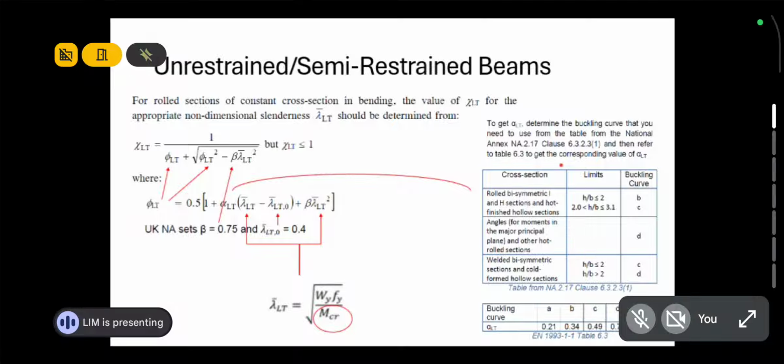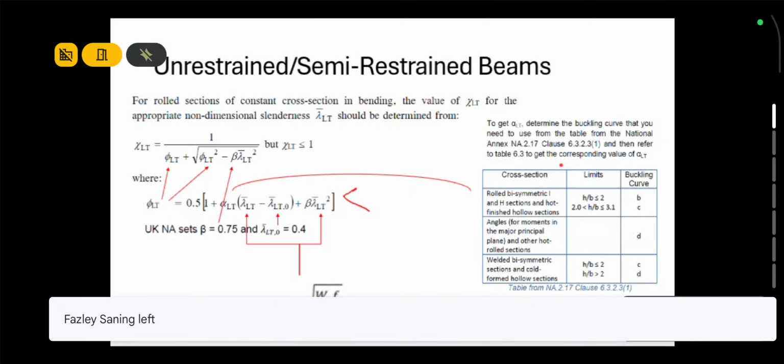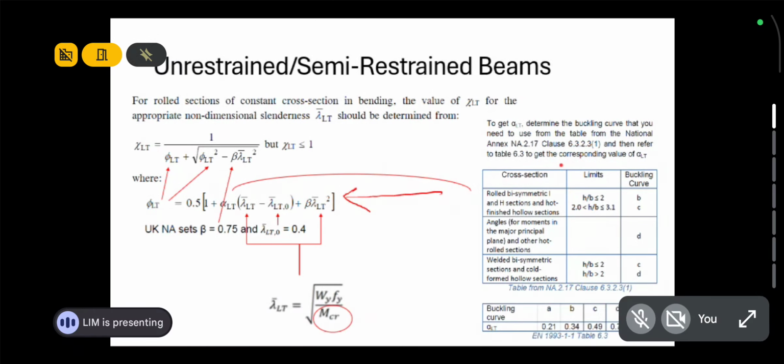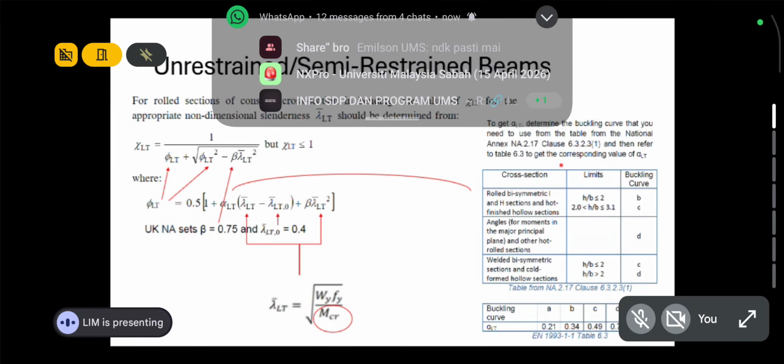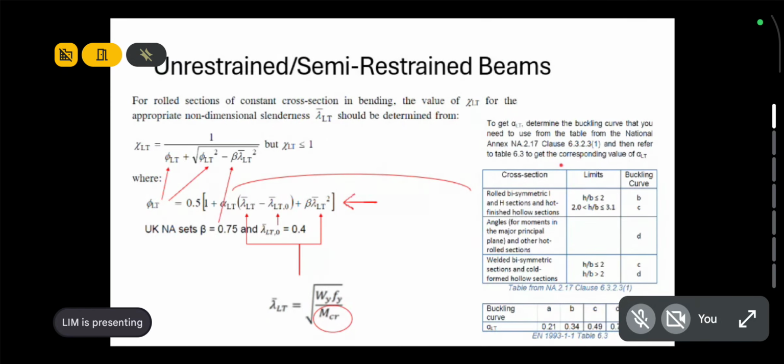Now alpha LT is 0.5 times 1 plus, sorry, theta. So theta LT is this formula here. You see I've drawn red arrows where you get the different values from, to link the formula. Not alpha, theta LT is the term below there, that I've just highlighted with an arrow.